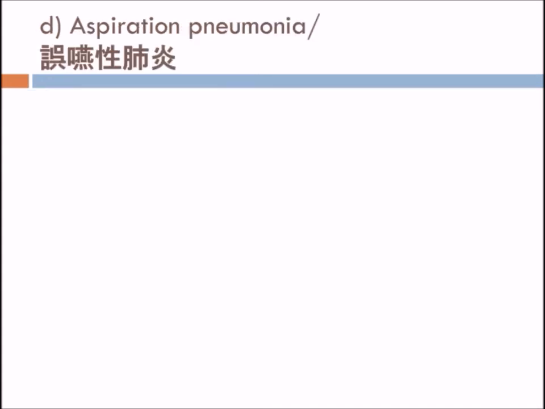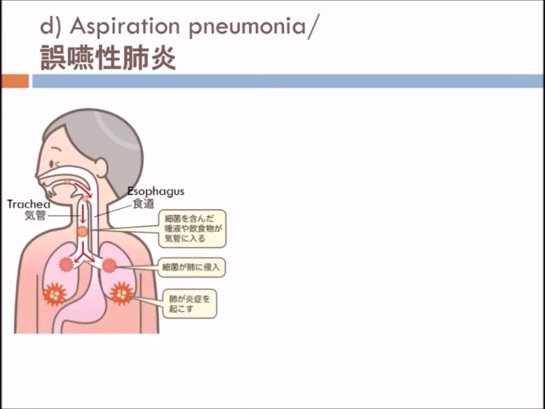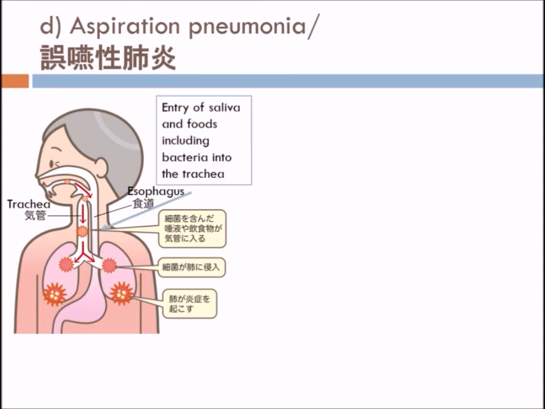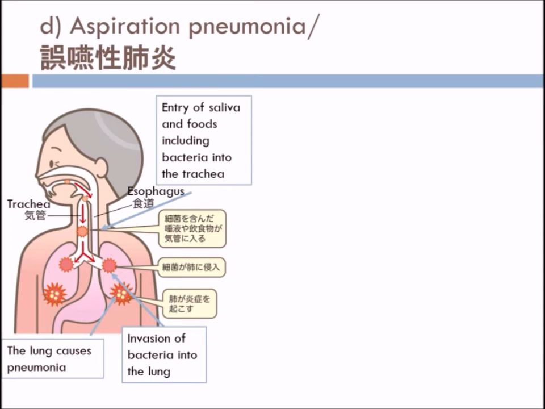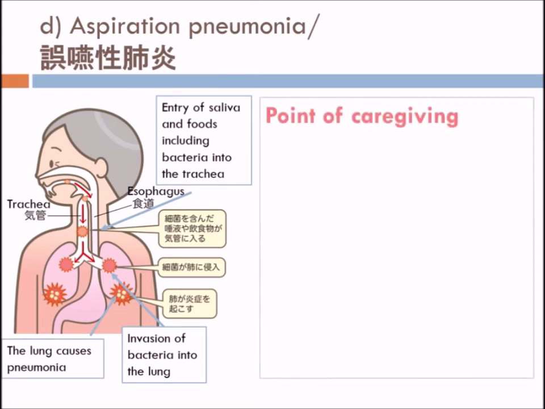Aspiration pneumonia. Aspiration pneumonia is caused by bacteria mistakenly entering the trachea or bronchial tube with food and saliva. Symptoms are fever, cough, phlegm, lack of appetite, etc. Saliva and food including bacteria enter the trachea, and the bacteria invade the lung and cause pneumonia.